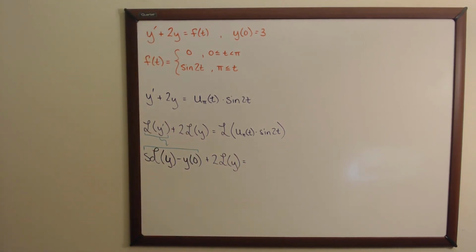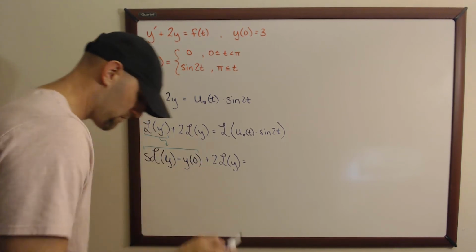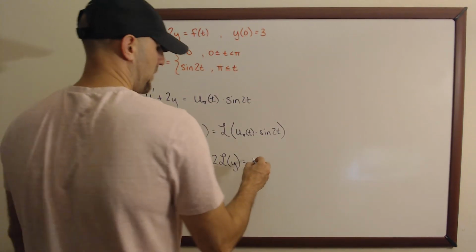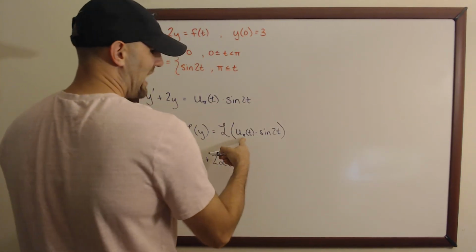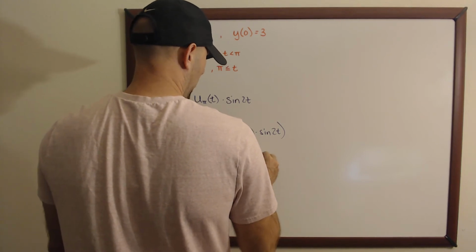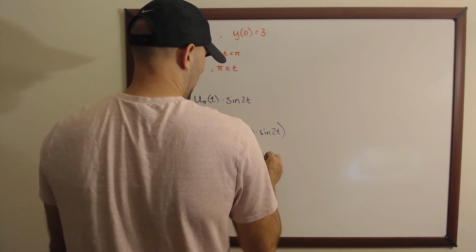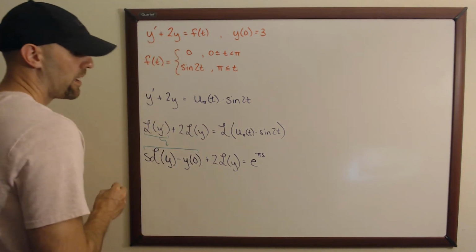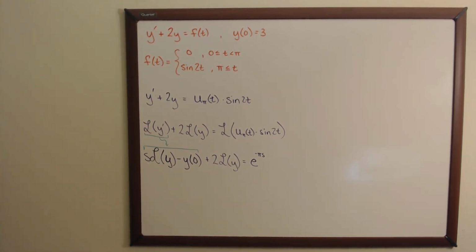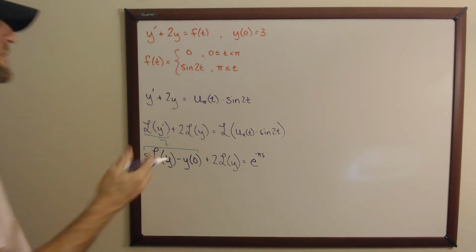And then the right-hand side is where my unit step function comes in. I remember my definition here: a is pi, so this becomes e to the negative pi s times the Laplace transform of f of t plus a.